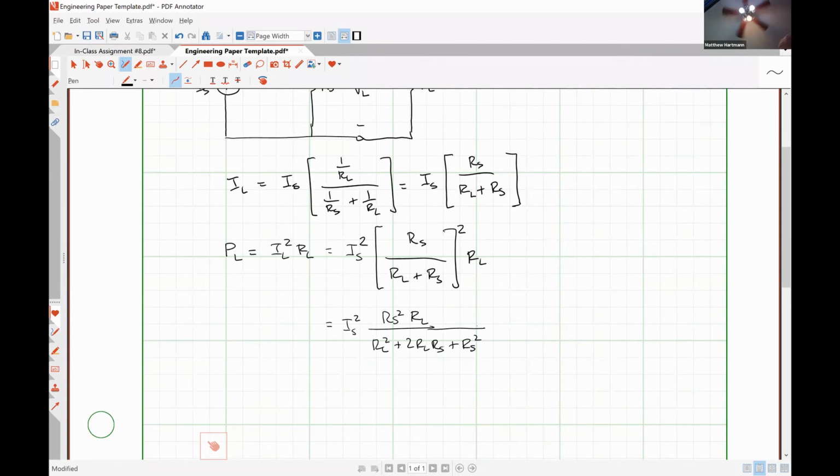I'm trying to think. So I know that I'm going to be taking the derivative of the power with respect to RS, I believe. Let me look at my notes real quick here, since it's been a long time since I had to do this by hand.